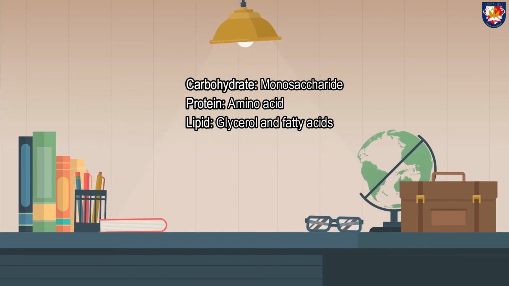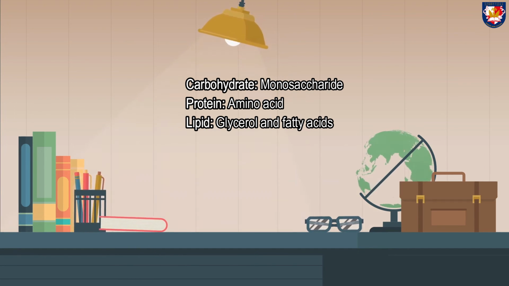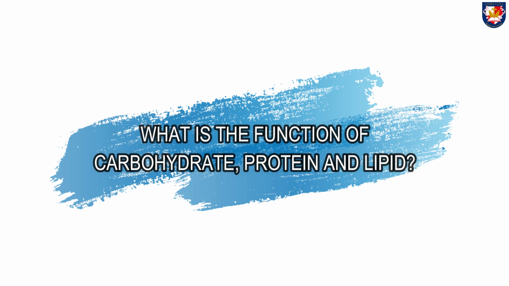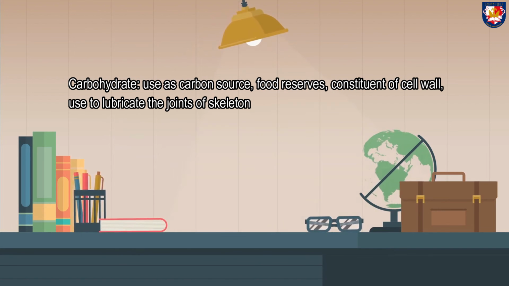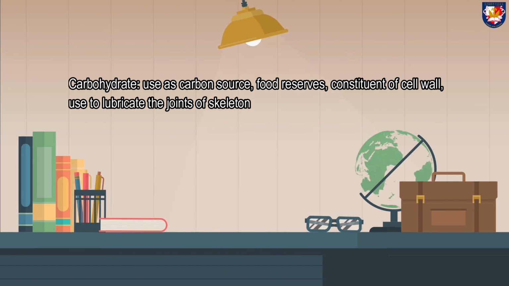What is the monomer of carbohydrate, protein, and lipid? The monomer of carbohydrate is monosaccharide, while the monomer of protein is amino acids, and the monomers of lipid are glycerol and fatty acids. What are the functions of carbohydrate, protein, and lipid? Carbohydrate is used as carbon storage, food reserves, a constituent of cell wall, and used to lubricate the joints of skeletons.